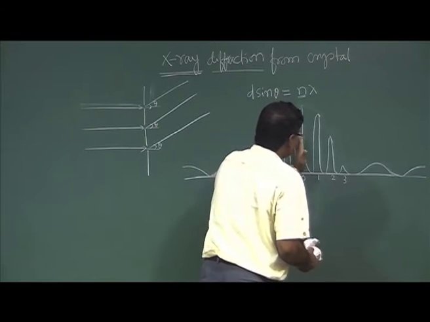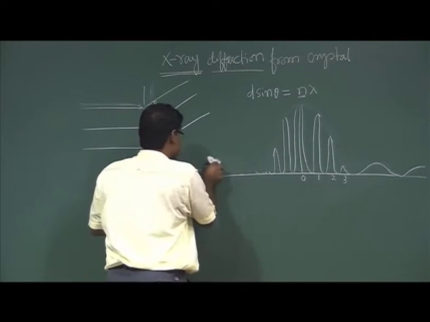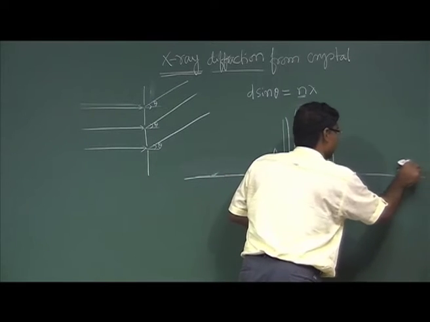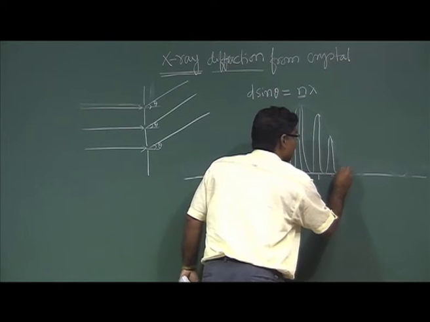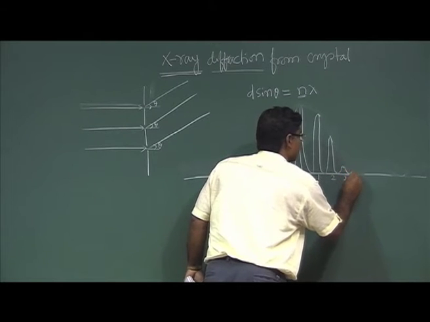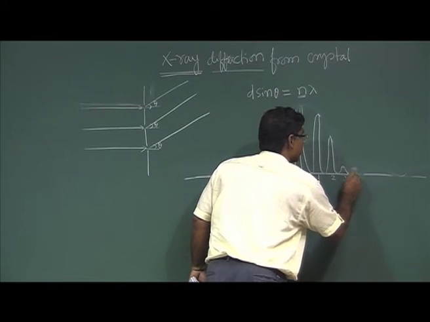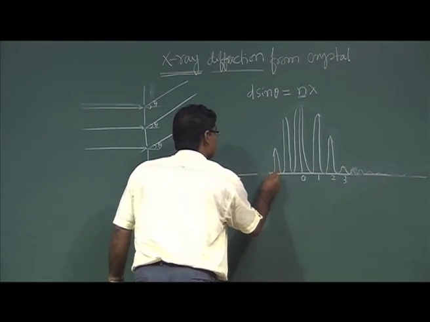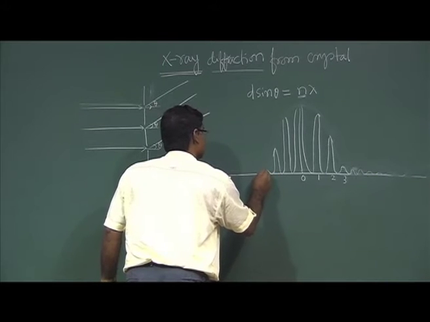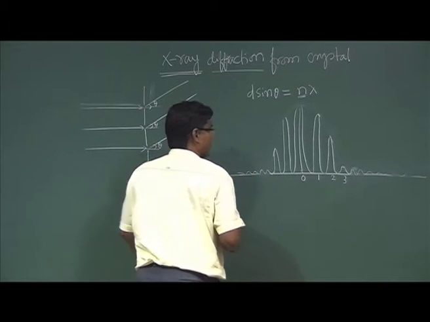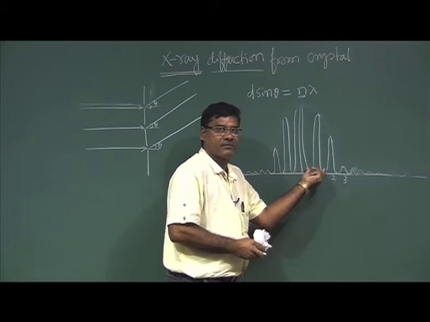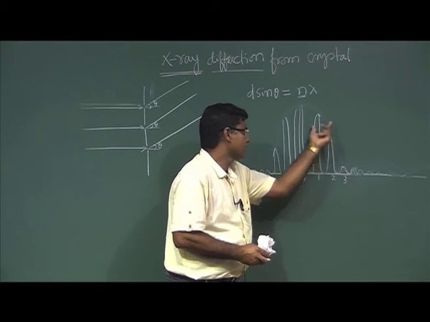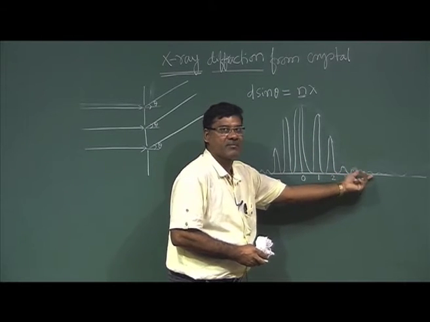So, we get just equispaced constructive interference, having different peaks.